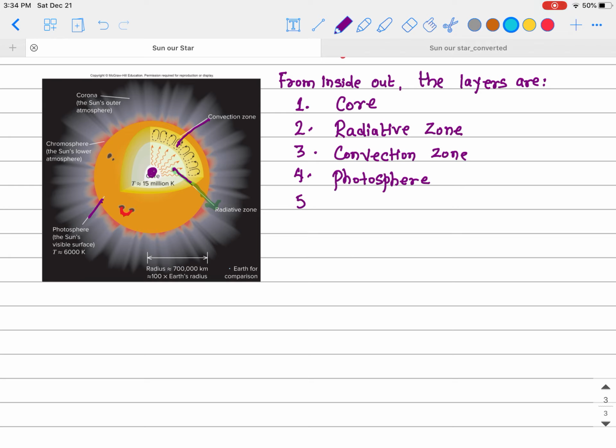The fifth one is the chromosphere. The chromosphere is the closer atmosphere to the sun. And the sixth one is the corona, which is this area here.